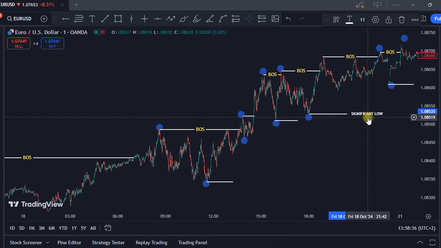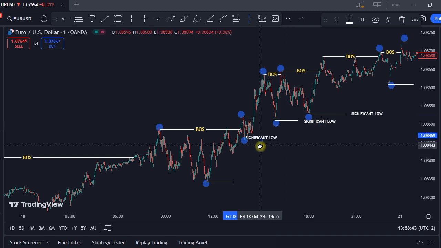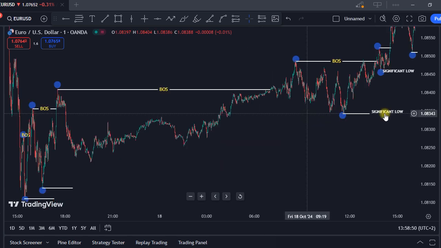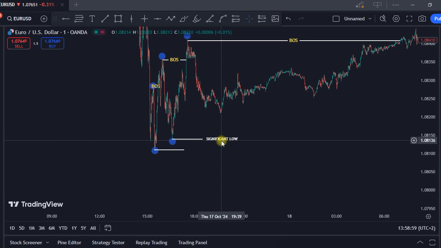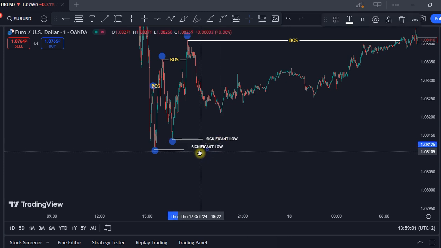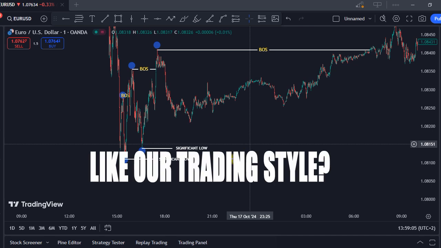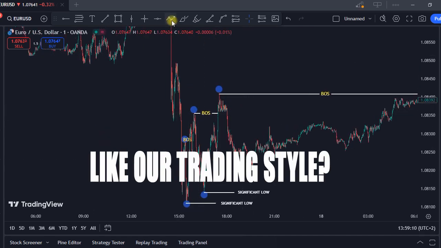This is also a significant low, and this is also a significant low that we missed over here, and this is also a significant low that we have over here, and we have a significant low over here, and we have another significant low over here. Now it simply means that all the lows or all these highs are insignificant, therefore they are not going to be protected.